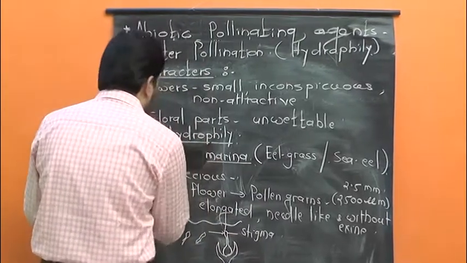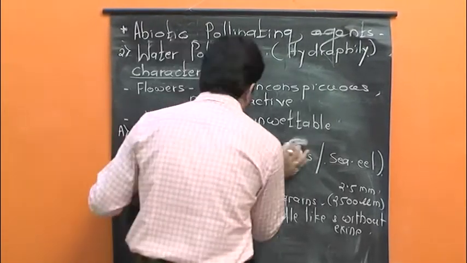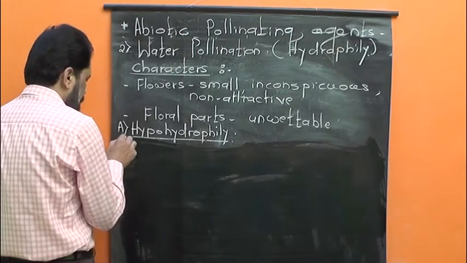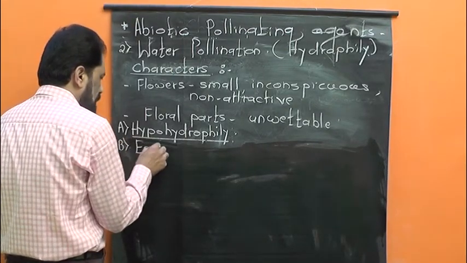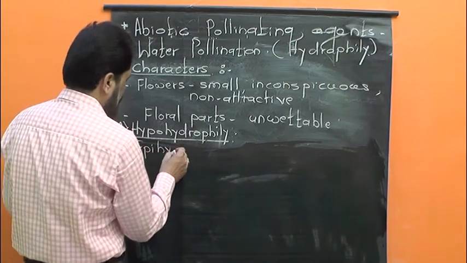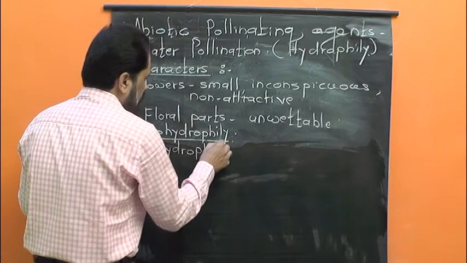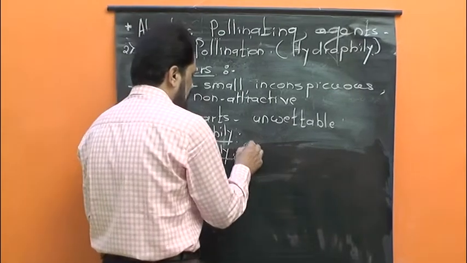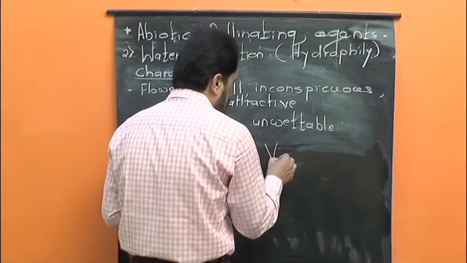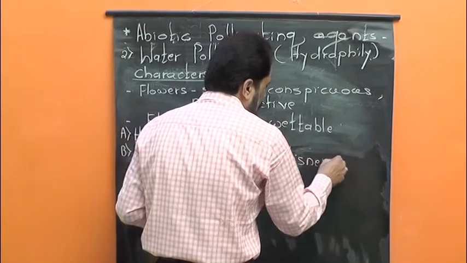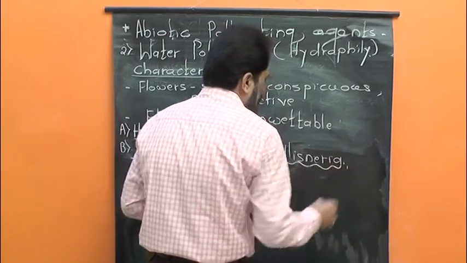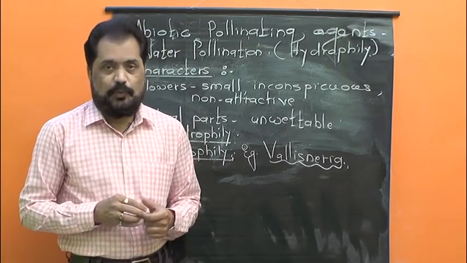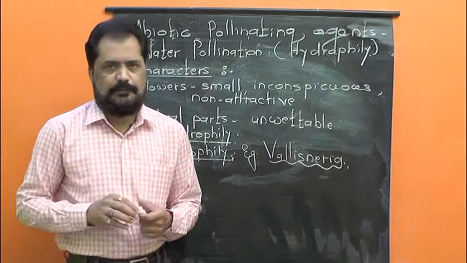Now let us talk about the second type of hydrophily, that is epihydrophily, which is abiotic. Epi stands for above. It is seen in an aquatic plant, namely Vallisneria. Vallisneria is also a submerged but freshwater aquatic plant.